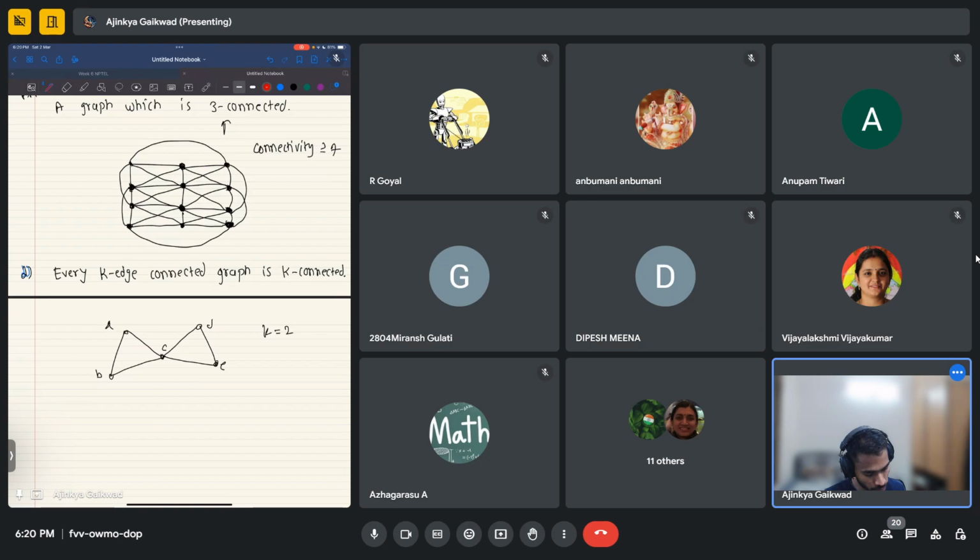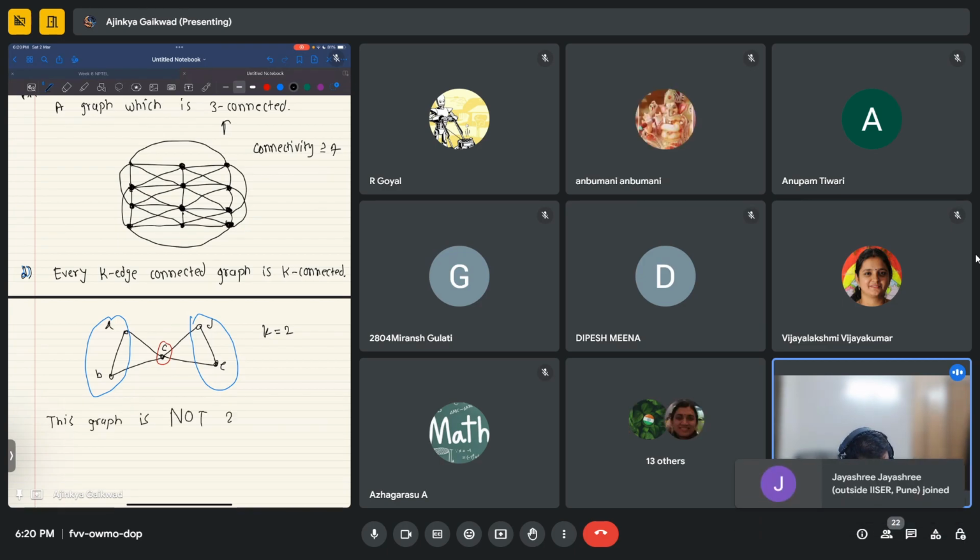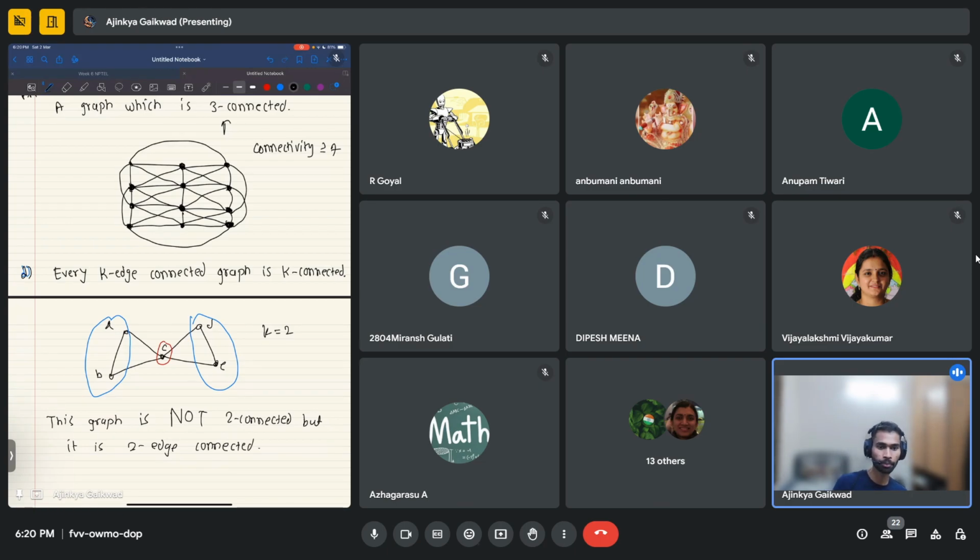If you remove this vertex C, then you are left with two connected components, this and this. So I can say this graph is not two connected, but it is two edge connected, right? So this is a simple example.